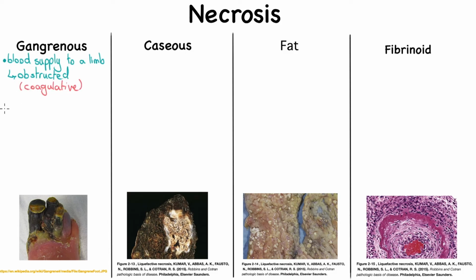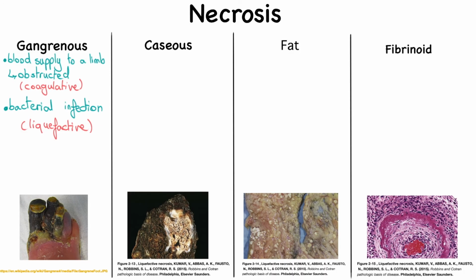But it is in fact also used when a limb undergoes liquefactive necrosis due to extensive bacterial infection. So in this case, the action of degradative enzymes of bacterial infection causes a liquefactive necrosis, which is also called a wet gangrene.